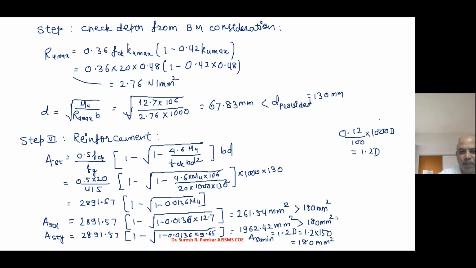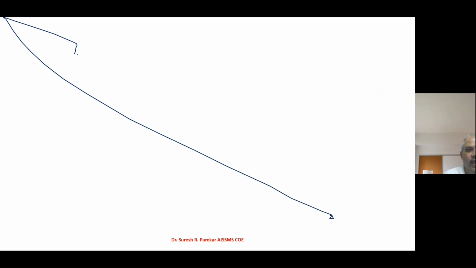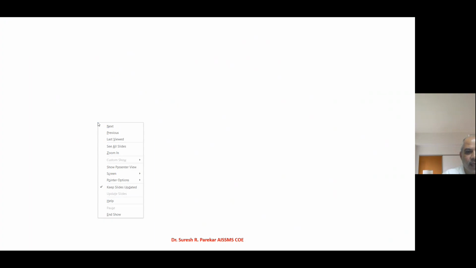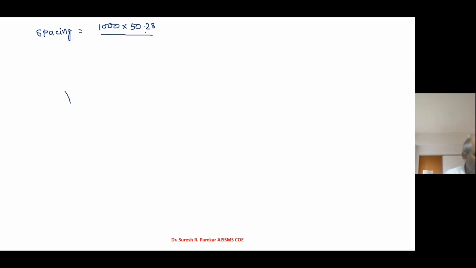And then we will go for spacing. So spacing for AstX. We have spacing equal to 1000 into the area of an 8 mm diameter bar, 50.28, divided by Ast 261.54.